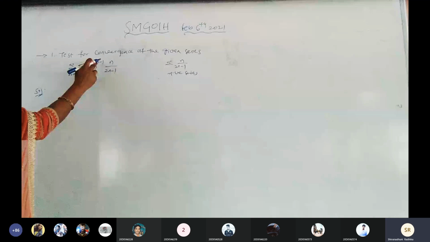For n equals 1, the term is 1 by 2 minus 1, so that is 1. For n equals 2, 2 by 4 minus 1, that is 2 by 3. For n equals 3, 3 by 6 minus 1, that is 3 by 5. Up to n equals n, n by 2n minus 1. And for n equals n plus 1, we get n plus 1 by 2n plus 2 minus 1, that is n plus 1 by 2n plus 1. Is it clear?